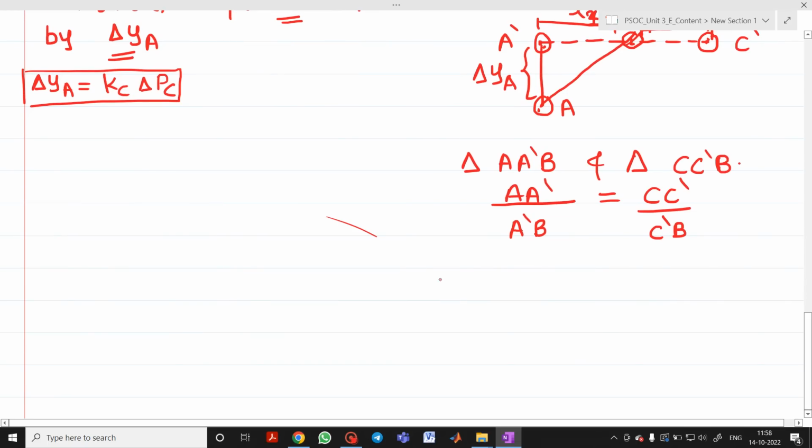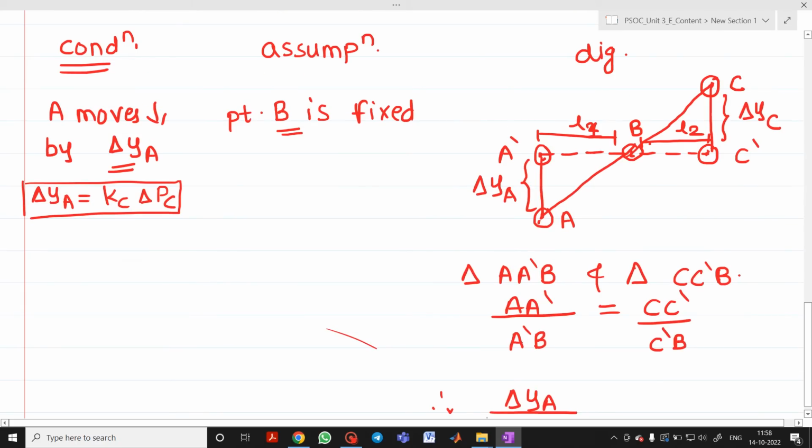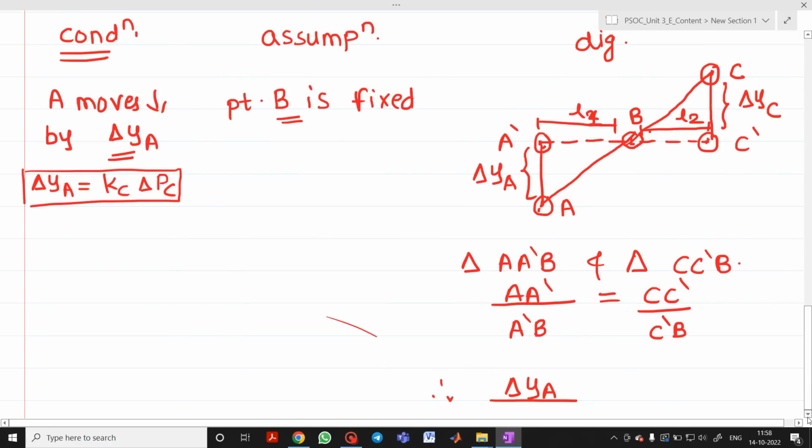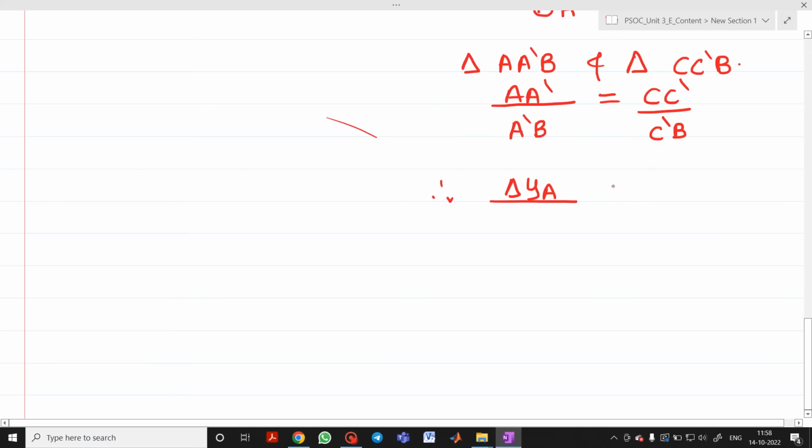So now I can write it here. What is A dash? This will be your delta YA. Then what is C dash? I told you, C dash is the change in the position at point C. It is a small change, so that's why it is denoted by delta YC. And your point will move along the y-axis. So this will be delta YC.